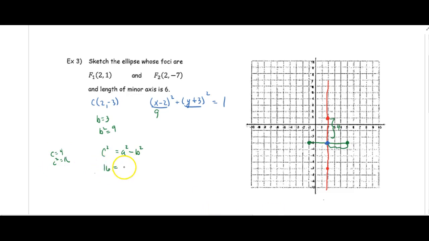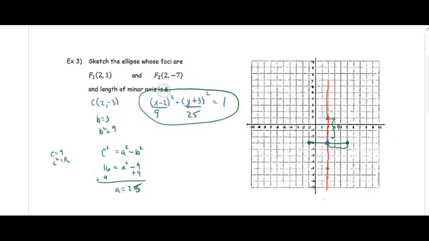So 16 equals, I don't know a squared, but I know b squared is 9. Now I'm going to solve for a squared. I'm going to add 9 to both sides. a squared is equal to 25. So right away, this would be over 25.